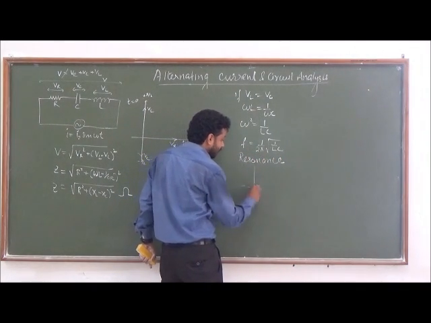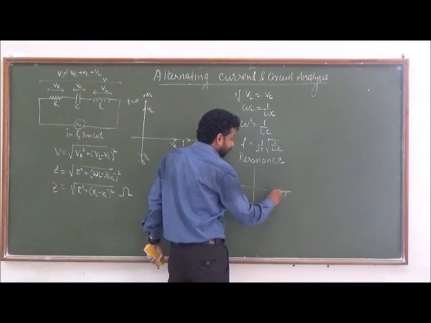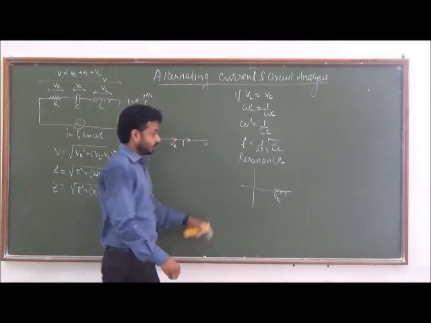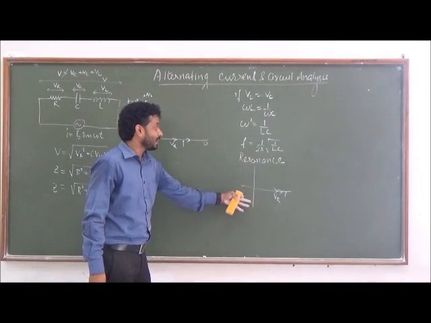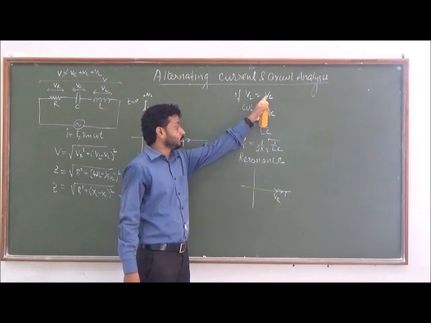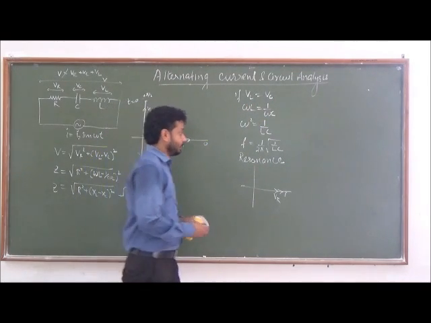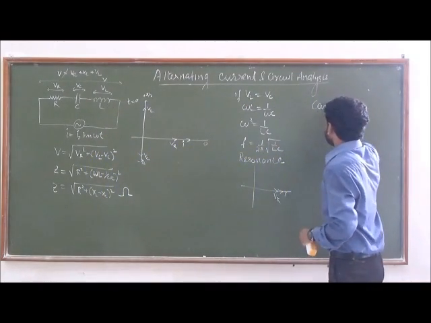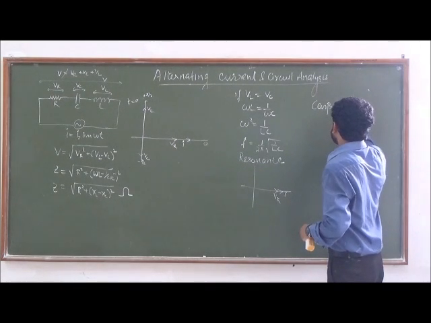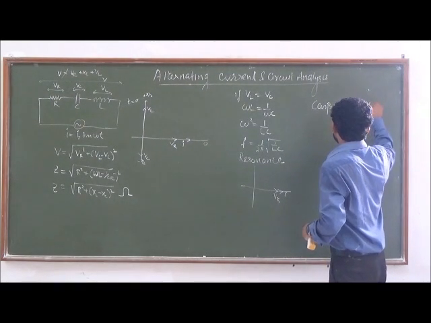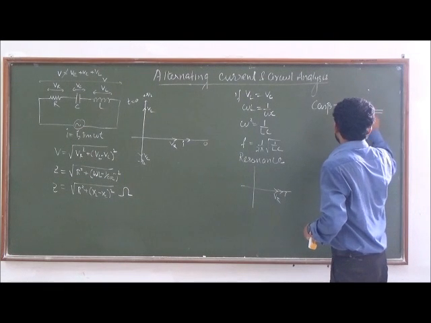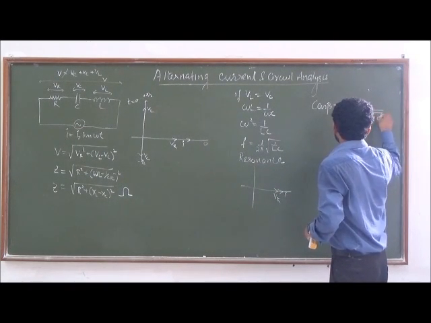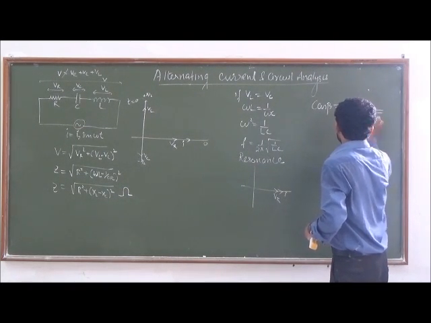That means the phasor diagram will only look like this. There is nothing along the y-axis because it has cancelled out. Why? Because VL has become equal to VC. That means the cos beta, which is generally written as VR by V, has now become equal to VR divided by root over of VR square plus 0, which is equal to 1.